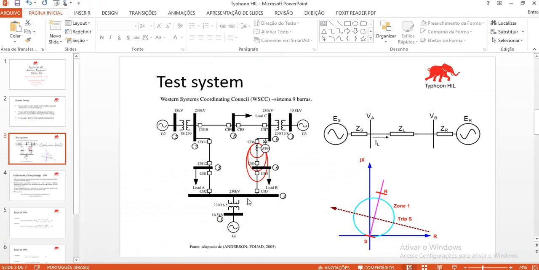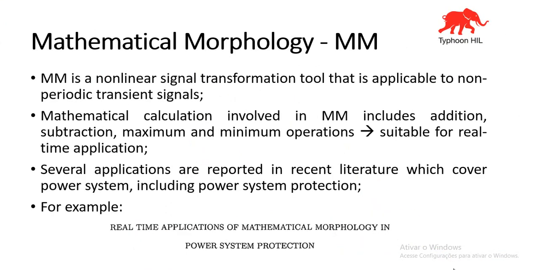Mathematical morphology is a non-linear signal transformation tool that is applicable to non-periodic transient signals, and it's very suitable for real-time application because it includes only addition, subtraction, maximum and minimum operations.